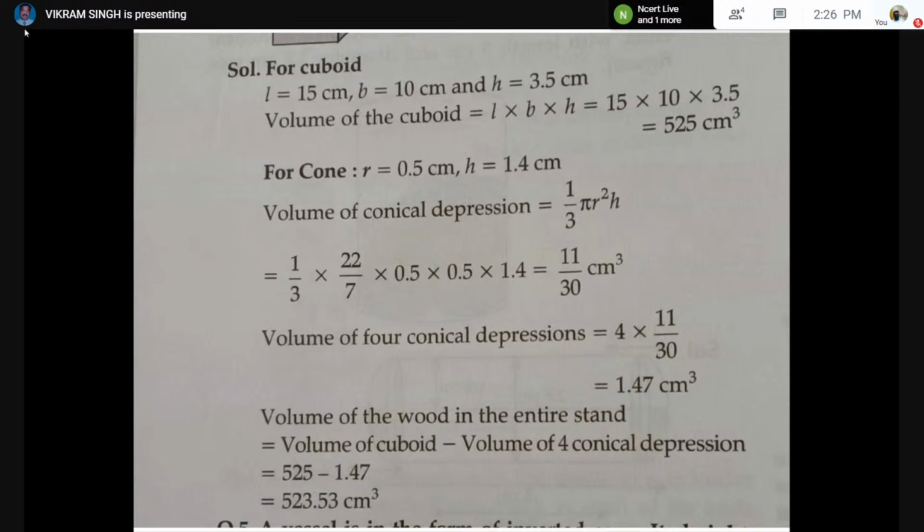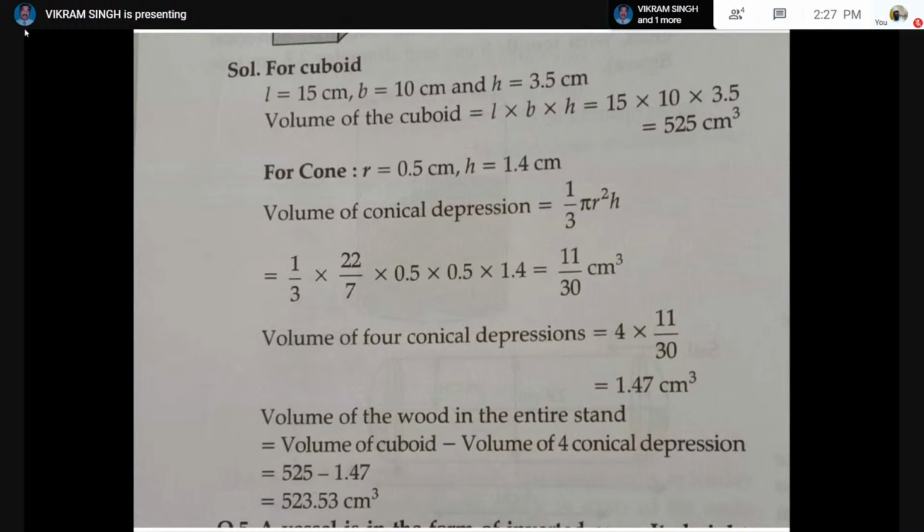Now we have four conical depressions, so the volume of all the conical depressions will be 4 multiplied by 11 upon 30, which after calculating is 1.47 centimeter cube. This is the volume of all four depressions. To find the volume of the wood in the entire stand, it will be the volume of the cuboid minus the volume of all four depressions.